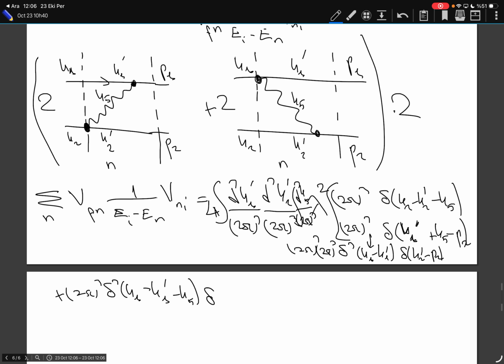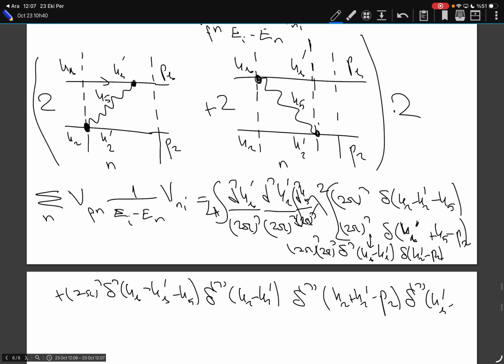And Dirac delta K2 minus K2 prime. There is another vertex, potential matrix element over here, which will give me a Dirac delta K5 plus K2 prime minus P2, Dirac delta K1 prime minus P1. Well, I have 4 factors of 2 pi cubed.